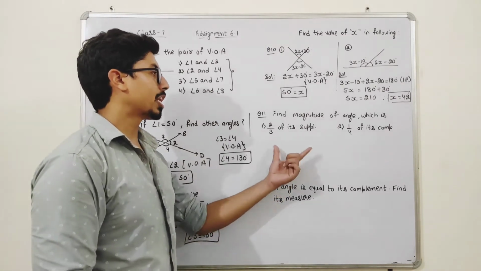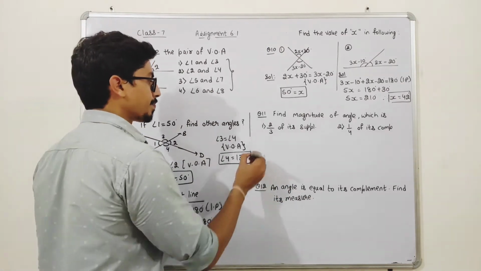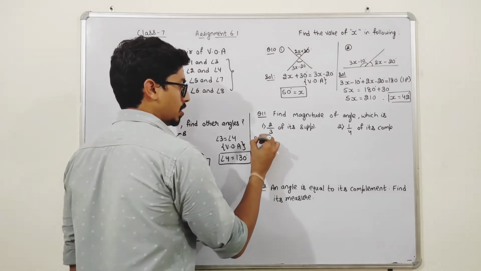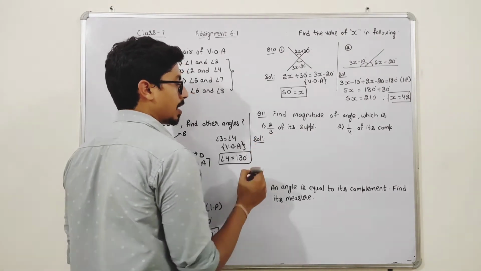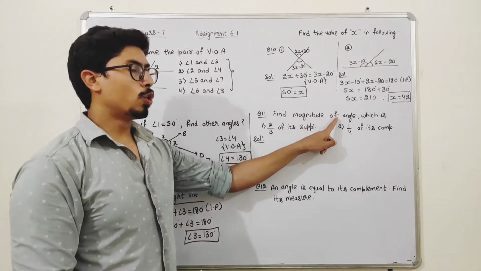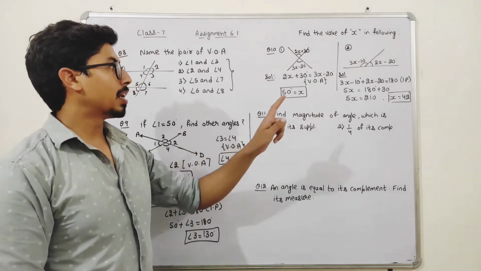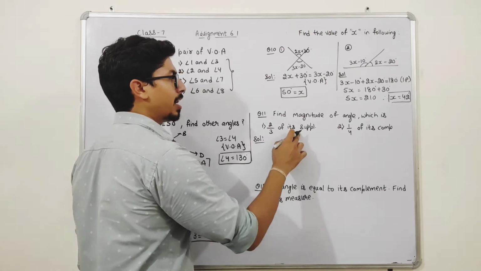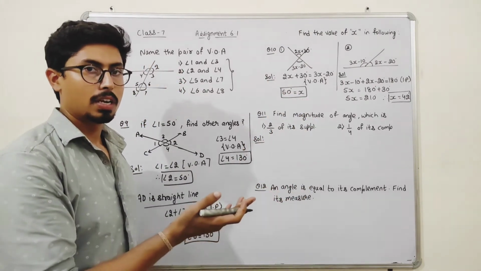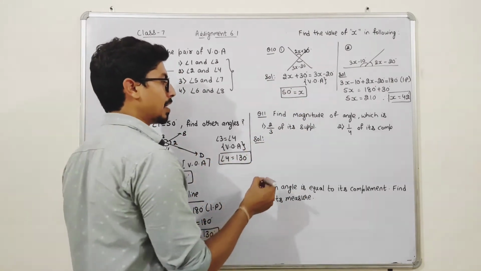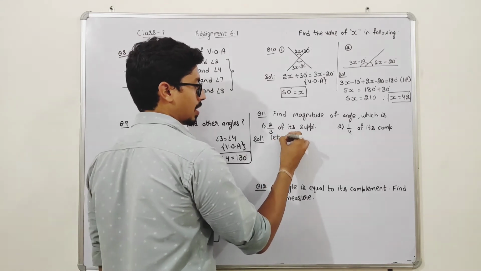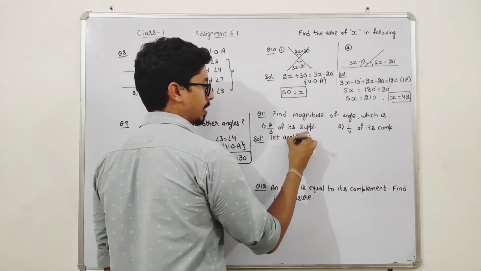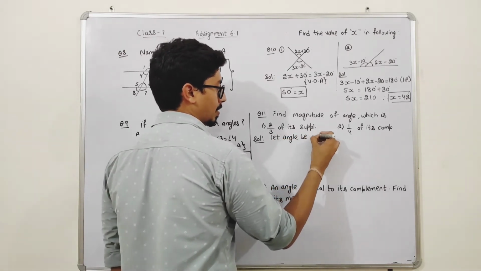Now students, our question number 11, if I discuss. See, the first part is find the magnitude of the angle. That means I have to find out the value of that particular angle, which is 2/3 of its supplement. Let the angle be x.